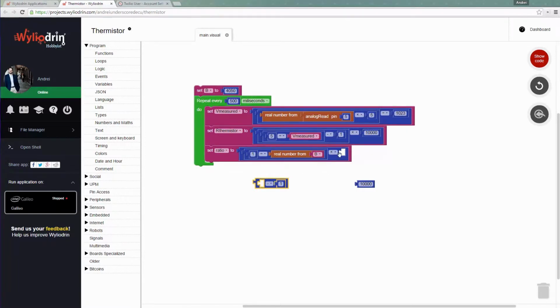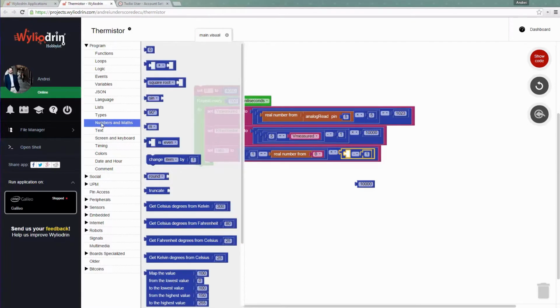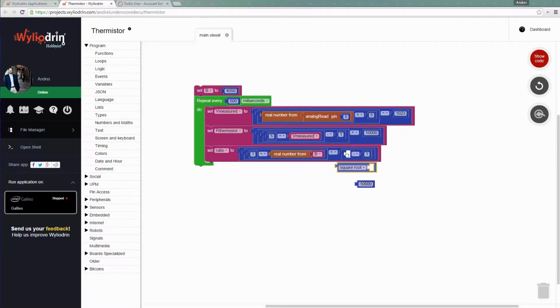Okay, so it's 1 divided by b, the real number. Basically, we're doing this in order to persuade the program to calculate that as a float. Otherwise, the numbers that we would get would be imprecise. They would be natural numbers.